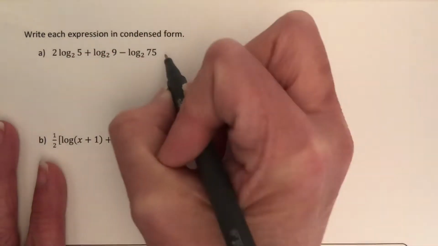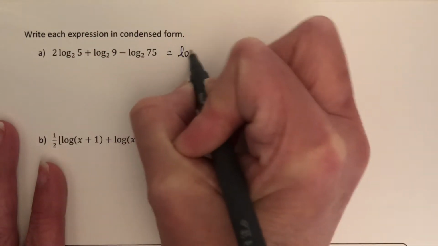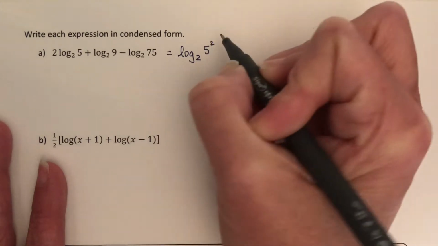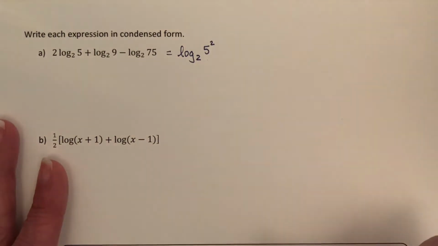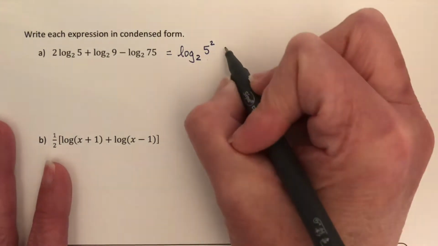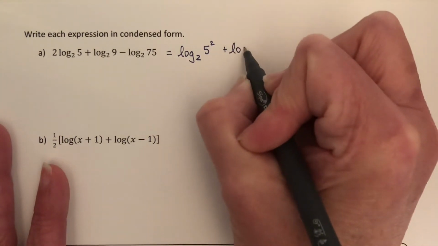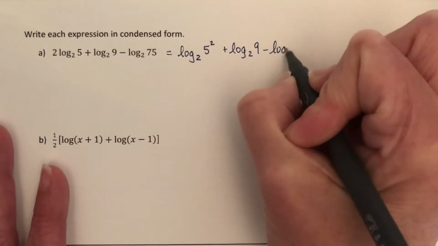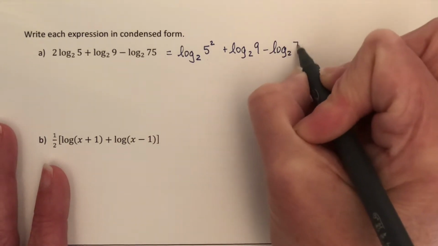So this is now log base 2. I'll go ahead and write it as 5 squared, although almost certainly you will end up writing it as 25, plus log base 2 of 9, minus log base 2 of 75.